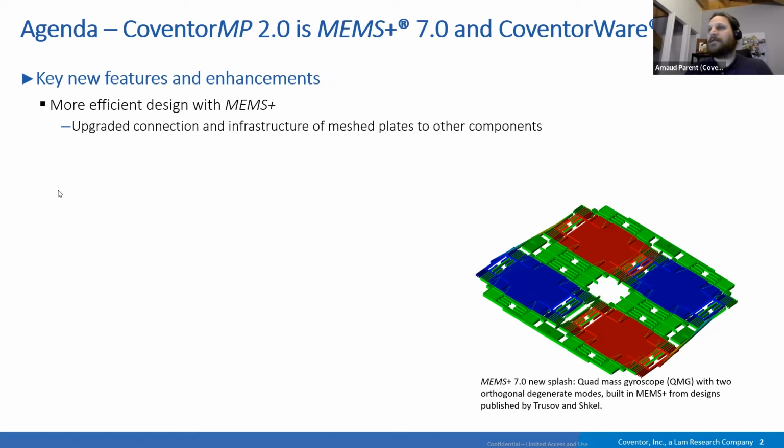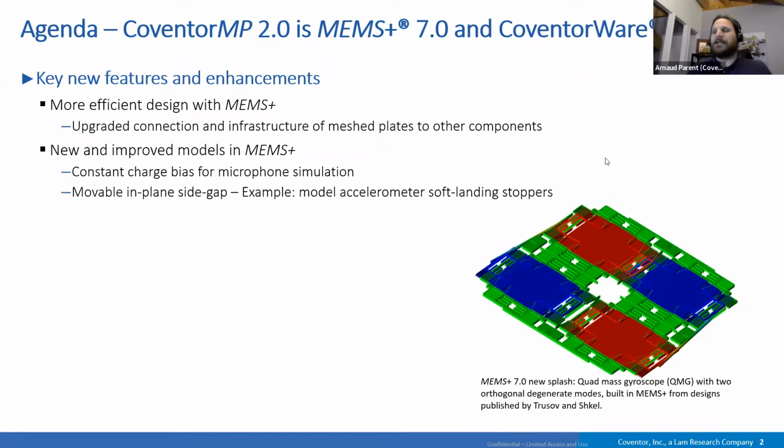We will start with key new features and announcements introduced to MEMS Plus that allow a more efficient design. We upgraded the way to connect mesh plates to other components in MEMS Plus. Then there are two new MEMS Plus models I'm going to talk about. One is the possibility to do charge bias in MEMS Plus, which applies to microphones.